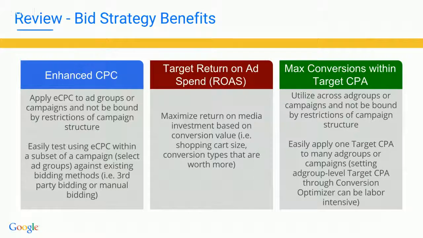because you're still manually setting that maximum. The target ROAS and the target CPA bid strategies are going to be full-on smart bidding strategies, where the system is taking almost full control. You can still set limits. For example, with the target ROAS strategy, you can set a maximum and a minimum bid limit that the system can bid between.